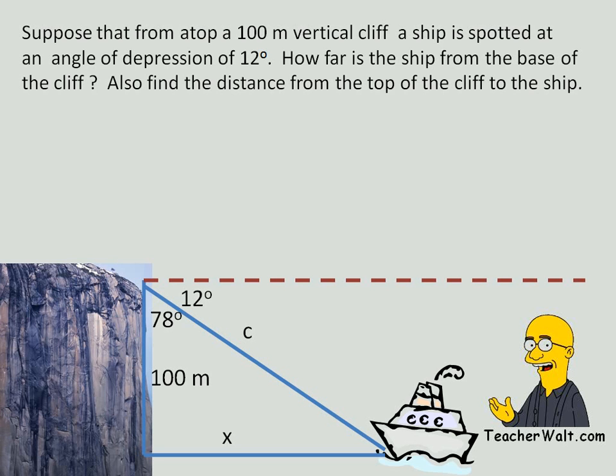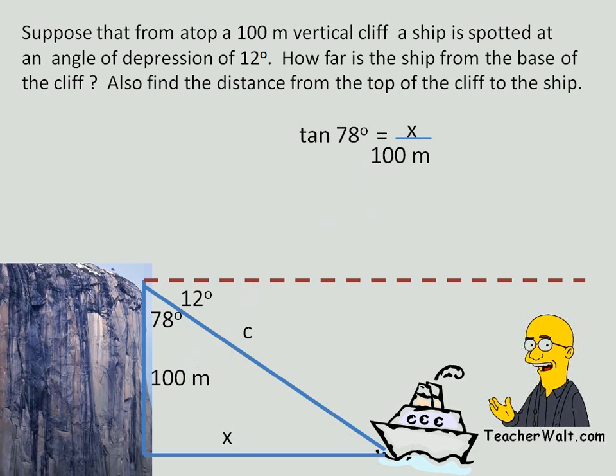Now we're at the point where we look for a relationship between what we know and what we're trying to find out. Now, first of all, you notice that the side opposite the 78 degrees is x, and the side adjacent to it is 100. So right away that tells us that we might want to use tangent 78 degrees because it is opposite over adjacent. So that gives us a relationship we can use right away.